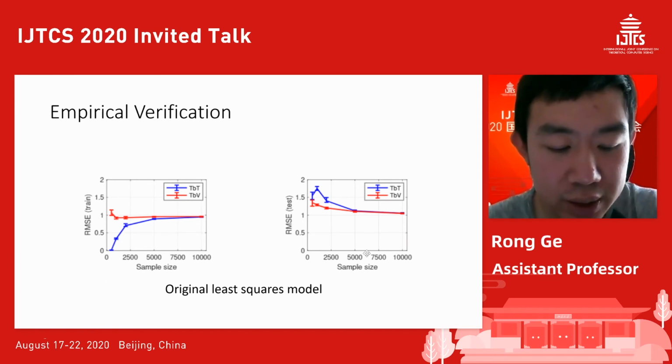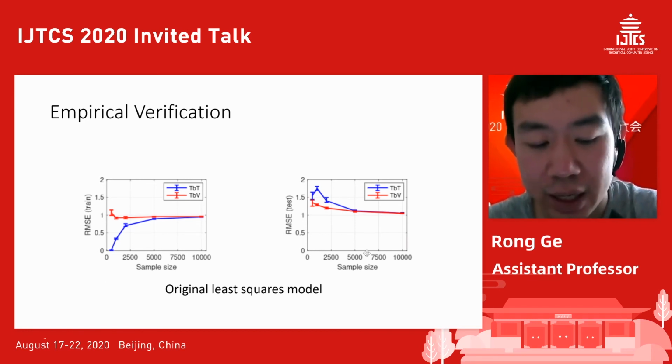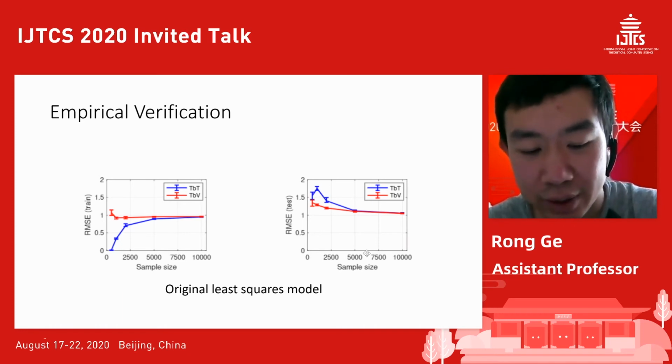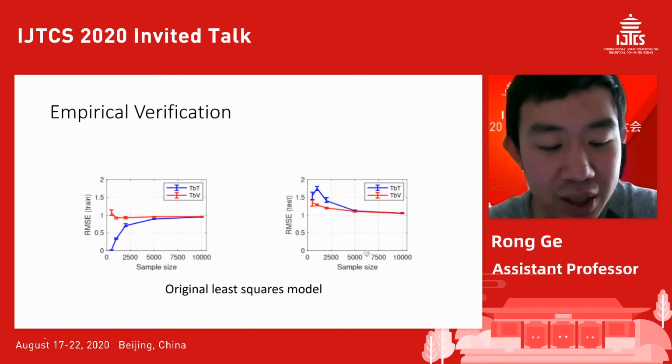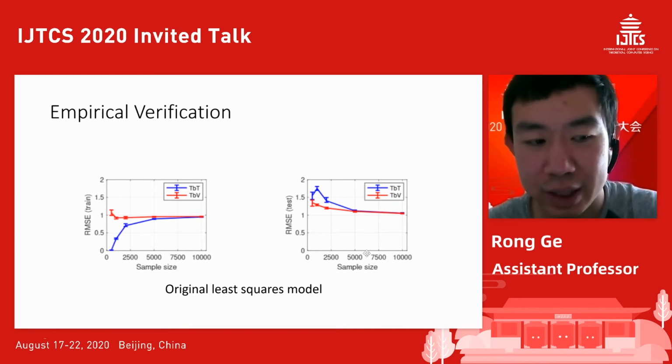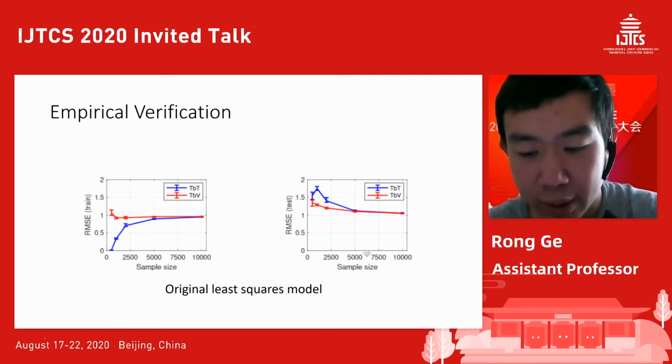So as you can see, when the sample size is small, train by train actually achieves 0 training loss. And 0 training loss is actually not good in this case because your number of samples is too small. Achieving 0 training loss actually means you are overfitting.